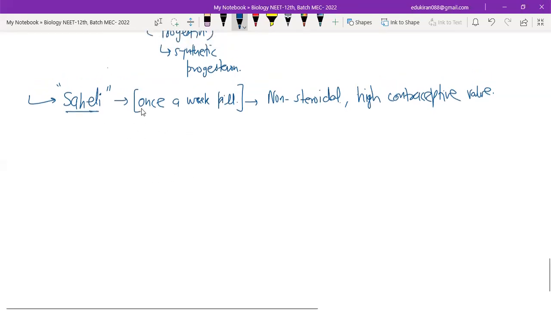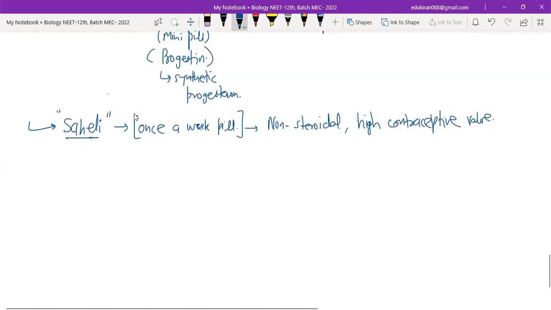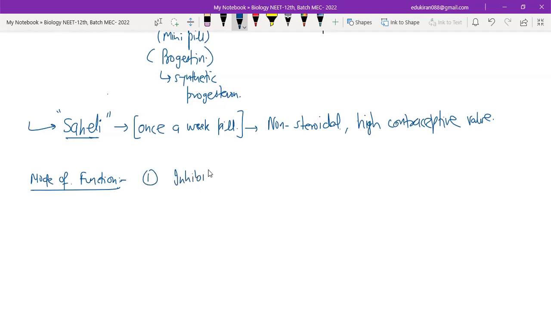And about oral pills, quickly write down how they function. Mode of function, and then we will end the class. Write down. The first thing they do is inhibition of ovulation. If there is no ovulation, there will be no pregnancy.